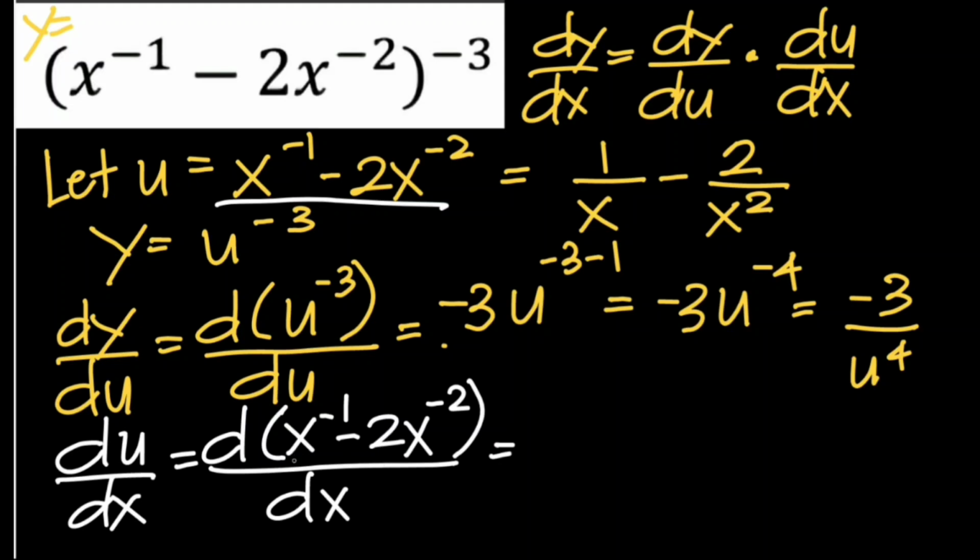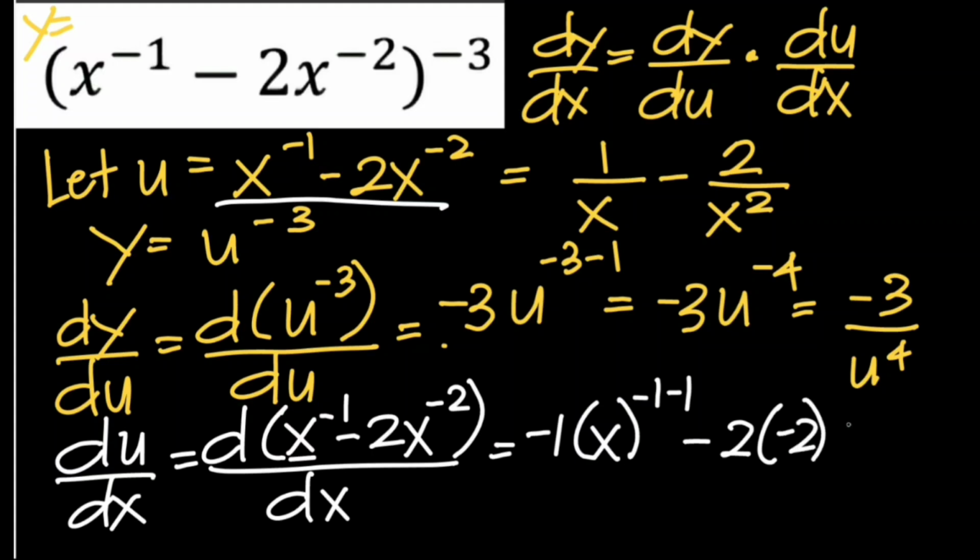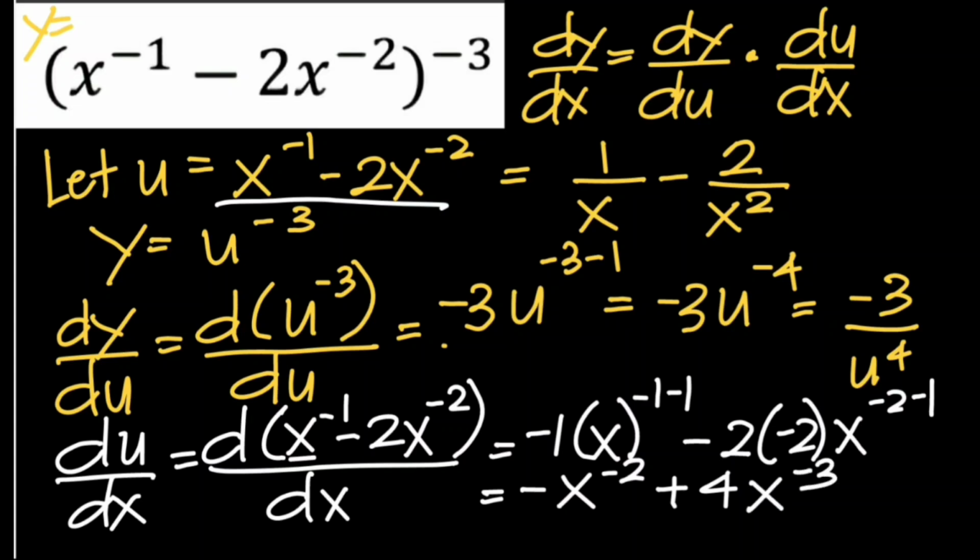So this is just the derivative of x to the negative 1, which is negative 1 times x to the negative 1 minus 1, minus 2 times, well, we use the power rule here, negative 2 times x to the negative 2 minus 1. And this is just negative 1 times x to the negative 2, or plus 4, because negative 2 times negative 2 is positive 4, times x to the negative 3.